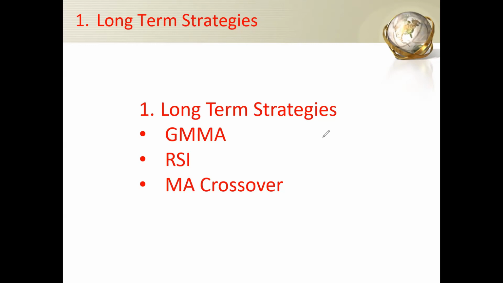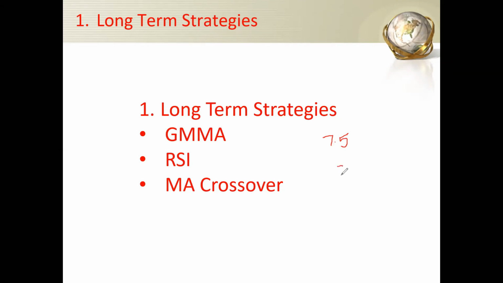That means they want to lower the average cost. For example, you bought Maybank at 7.50, okay? Then if Maybank went down to 7, you will lower cost. Went down to 6, you will lower cost again. So whenever you keep buying, you will keep lowering your average cost.